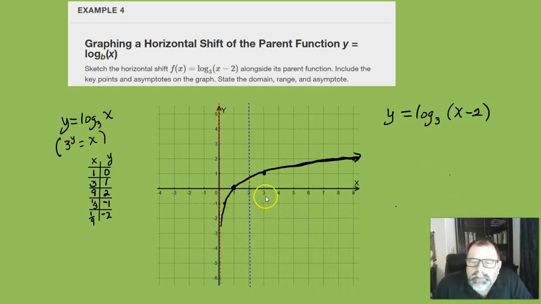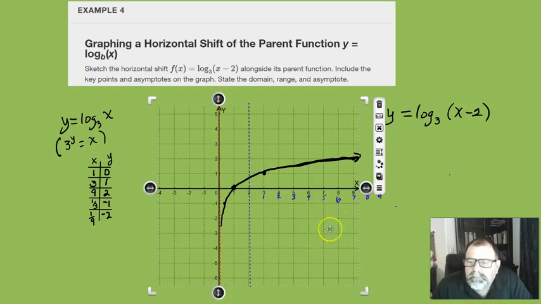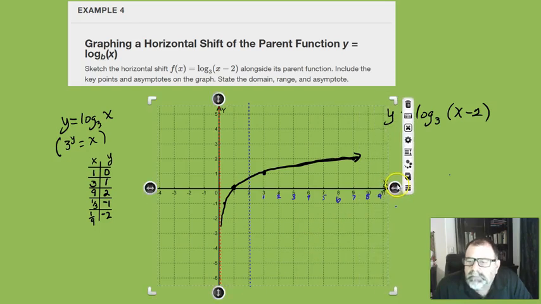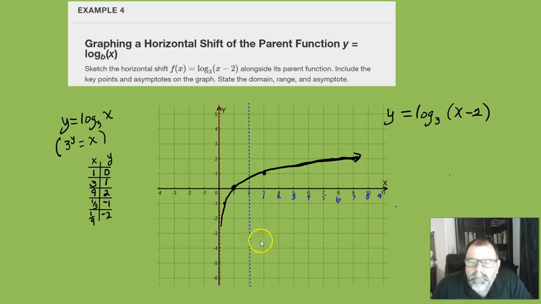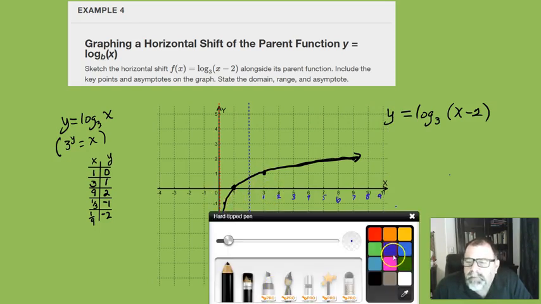So I'm pretending this is 0. So this is 1. This one will be 2, 3, 4, 5, 6, 7, 8, 9. Okay.